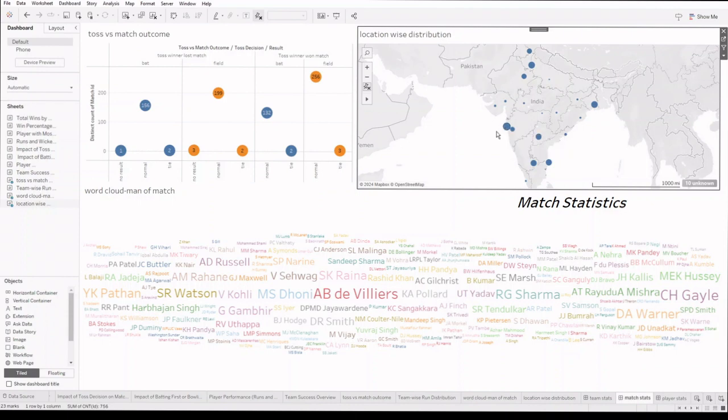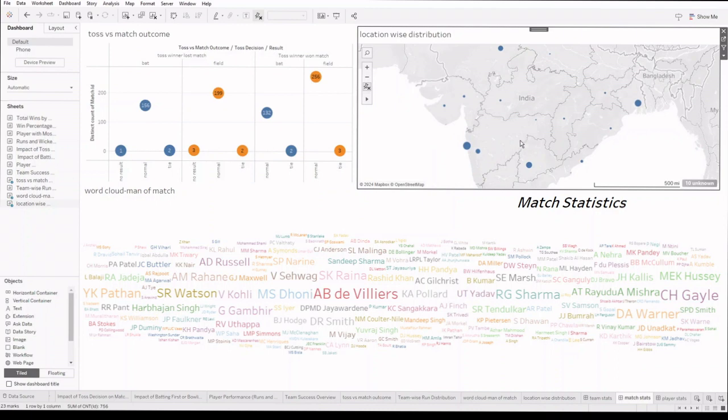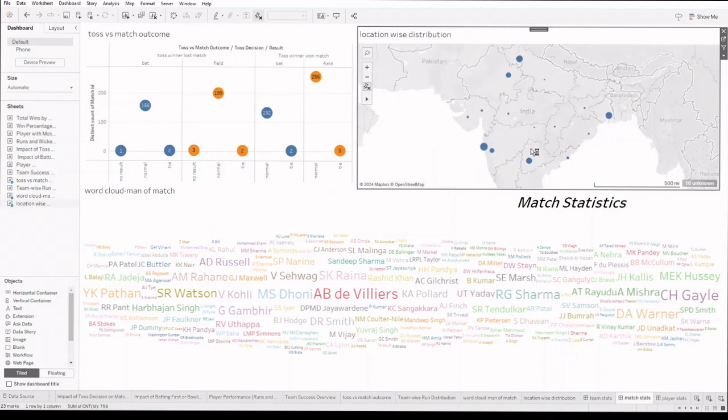I'm not that familiar with IPL, so I don't know the stadium names presented in these places. Most probably in Hyderabad, I think it's Gachibowli Stadium or something like that. I don't know any other stadium names, but this chart resembles the number of matches which have been held in a single stadium.